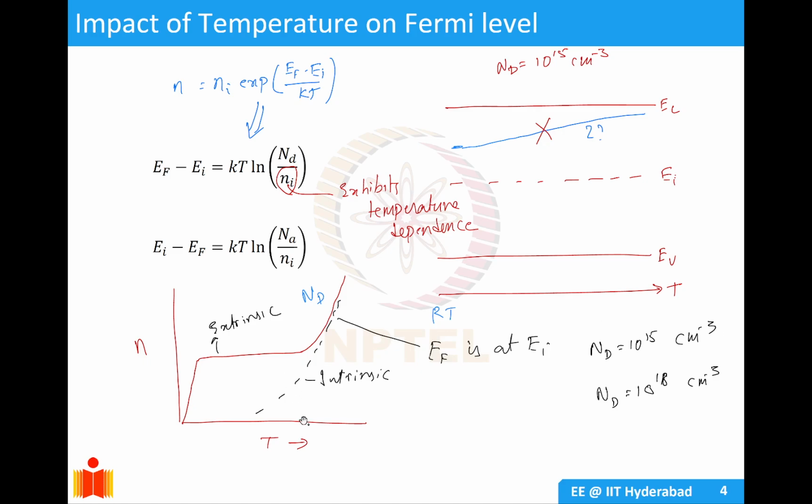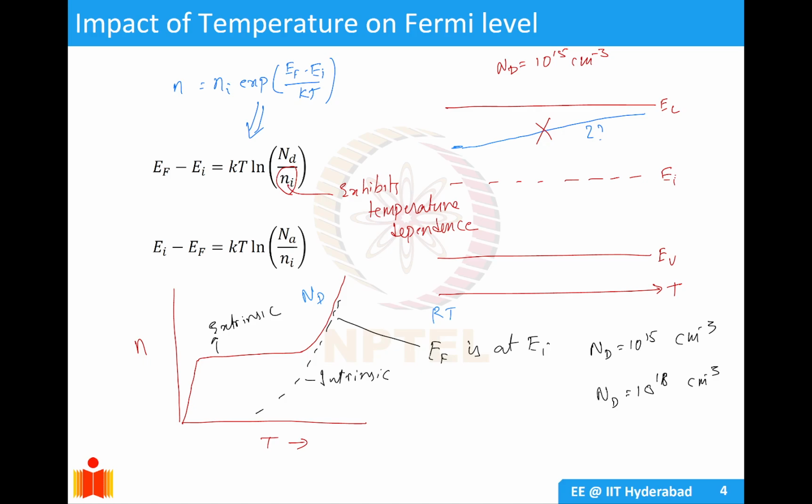With temperature, the Fermi level for an extrinsic material changes with the formula EF minus EI equals kT ln ND by NI, and here your Ni itself is dependent on temperature.